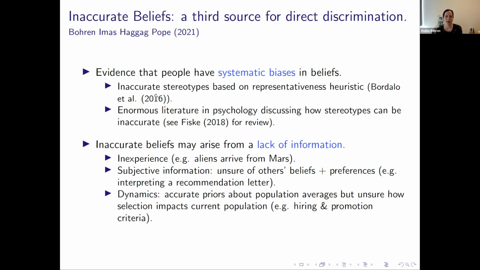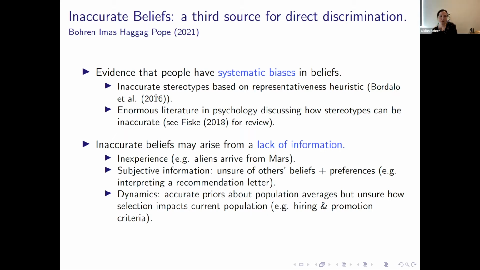Inaccurate beliefs can also arise from simply a lack of information. It could be people are making decisions from an inexperienced place. They may be using subjective information. For example, a recommendation letter is something I call subjective information. It's information generated by another economic agent or by a manager, as opposed to exogenous information, which is, say, a test score. If you see the score of, say, an SAT test, it's multiple choice, you know that it was scored correctly. Even if the test itself is biased, the score is the correct thing.